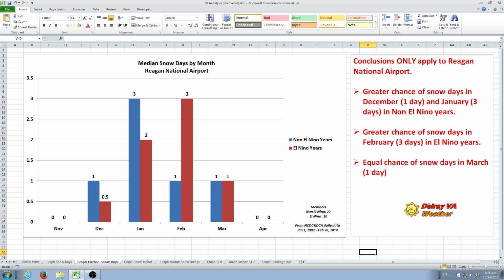So you shouldn't extrapolate this to everything in the United States or everything on the East Coast, but it definitely shows what's happening at Reagan National Airport.